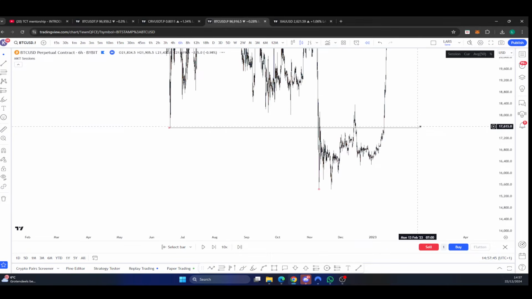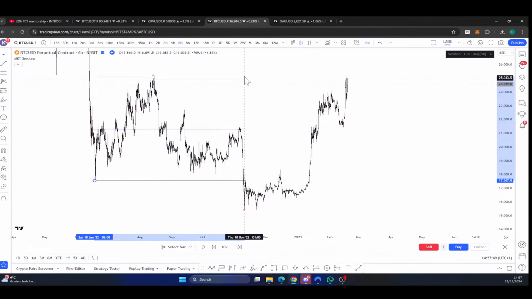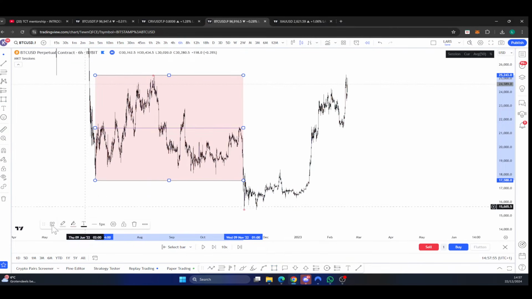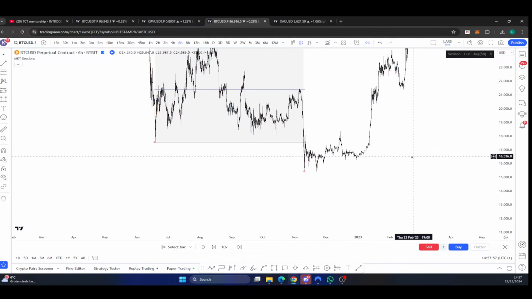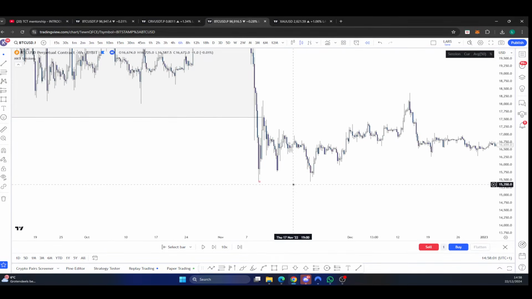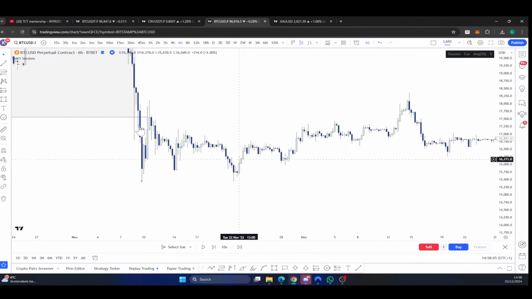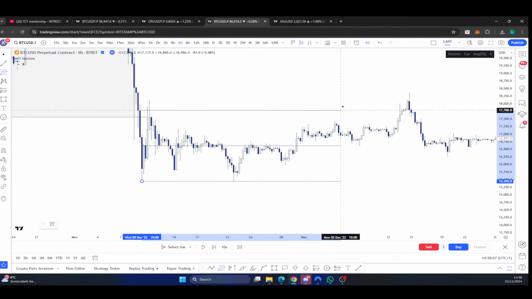Let me put this to the side right here. This was our range. Right there. That was a range. Price came back down, moved back up, and then created a new range.